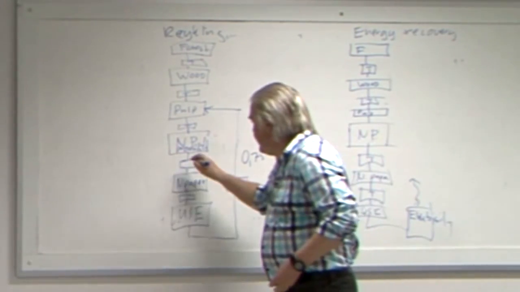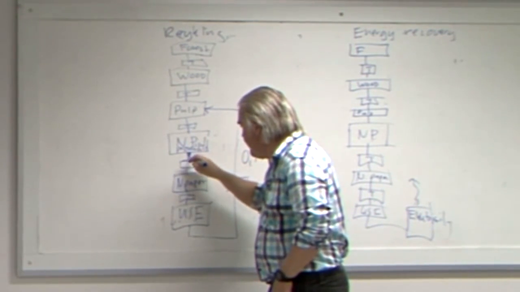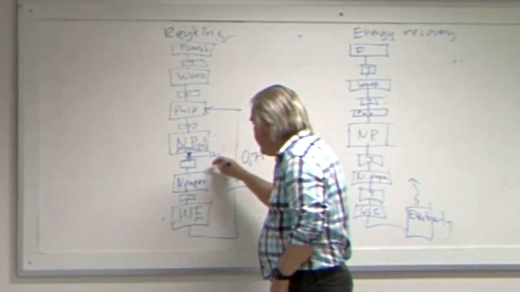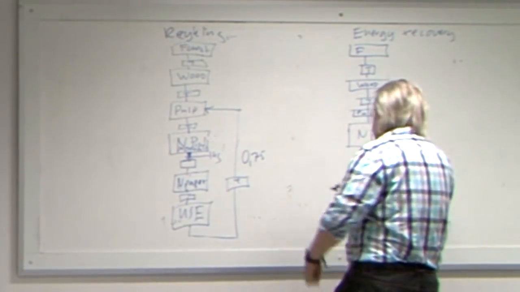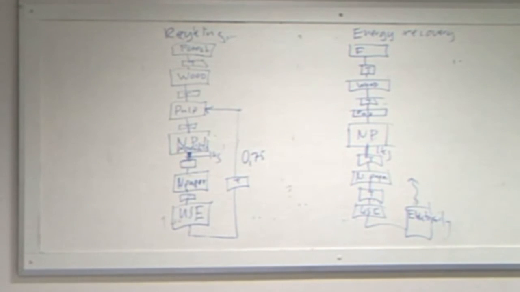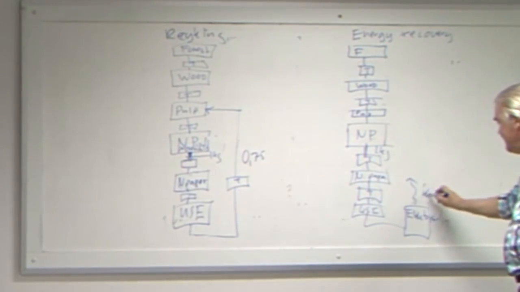We can say that it is 1 kilogram here. We choose 1 kilogram of produced newspaper. In both cases we produce 1 kilogram. This system produces not just 1 kilogram of newsprint, it also produces some kilowatt hours of electricity.